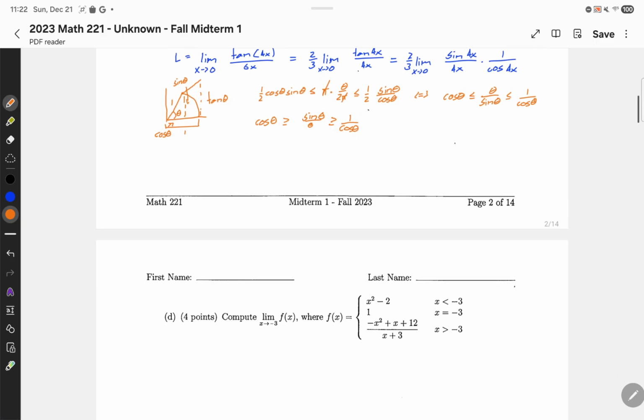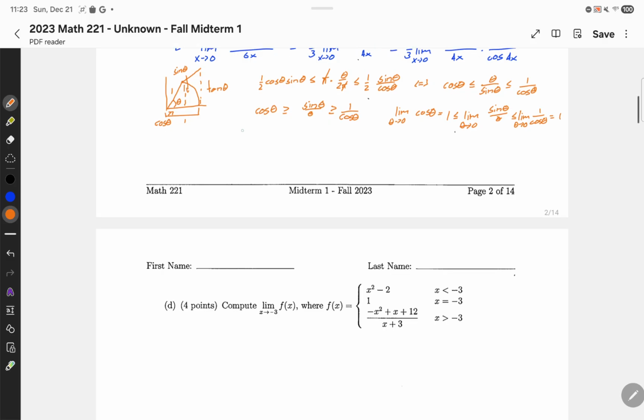So now, let's go ahead and write out the limits and then call the squeeze theorem. So the limit as x approaches 0 of cosine theta, I'm sorry, this should be theta approaches 0 because we're switching variables. Well, this is just going to be equal to 1, which is less than or equal to the limit as theta approaches 0 of sine theta over theta, which is less than or equal to the limit as theta approaches 0 of 1 over cosine theta, which of course is just 1.